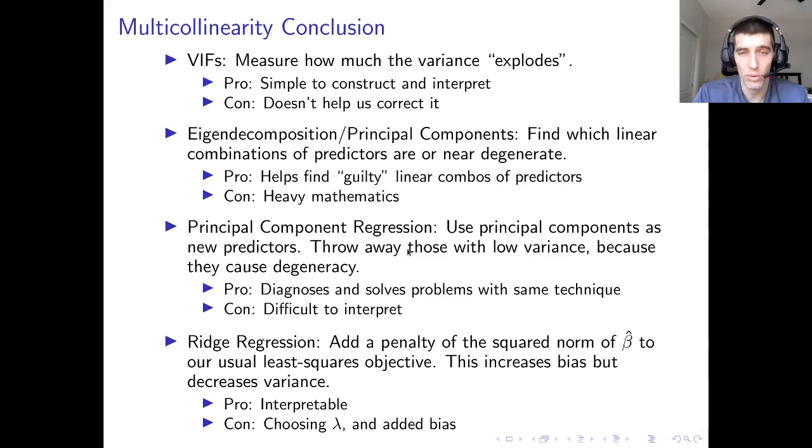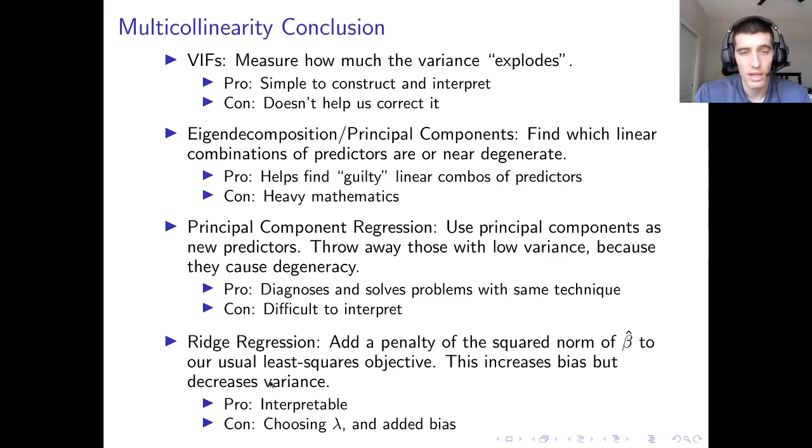The idea being that we throw away those linear combinations of predictors, or we don't use those eigenvectors which have low variance to define new predictors. It is a little tough to interpret, but what's nice about it is that we're diagnosing our multicollinearity problem with the Eigen decomposition, and we're correcting it with the same tool, right? So that's kind of nice because if you understand Eigen decomposition well, you can diagnose and fix your problem easily.